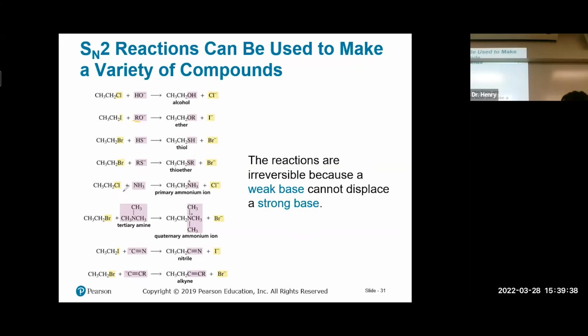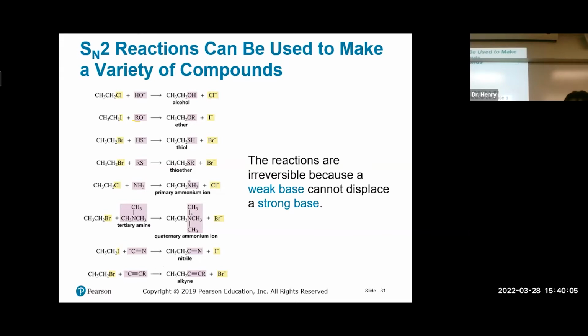And then if you have it reacting with ammonia, you're going to get the primary ammonium ion. And then in the case of a tertiary amine, you're going to get a quaternary ammonium ion. And in the case of the cyanide ion, you're going to get a nitrile.